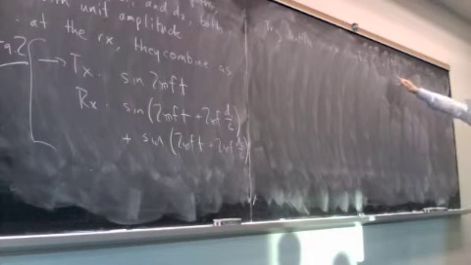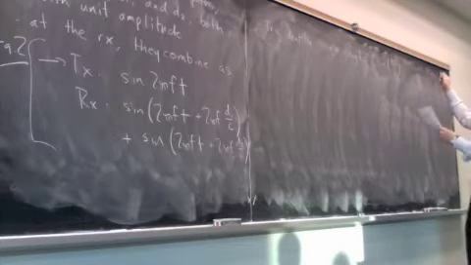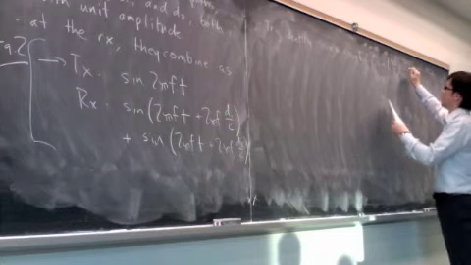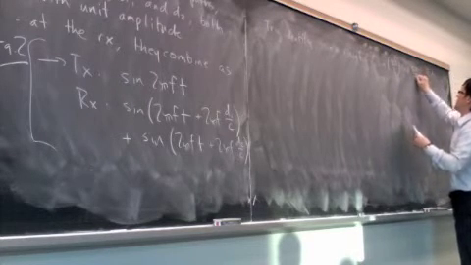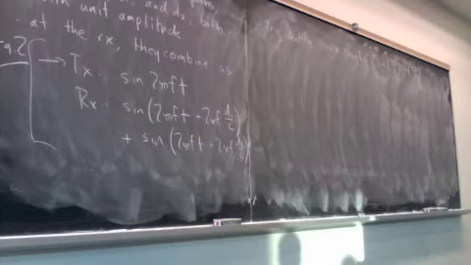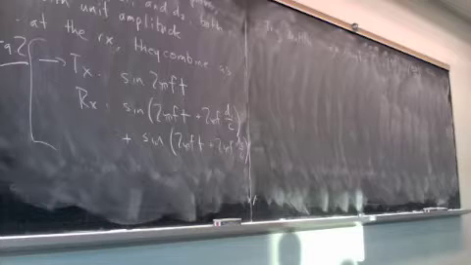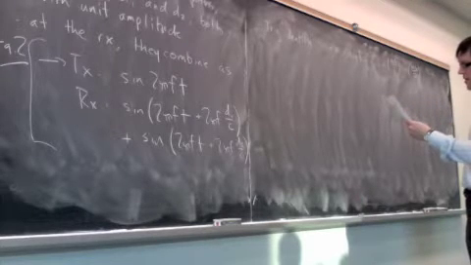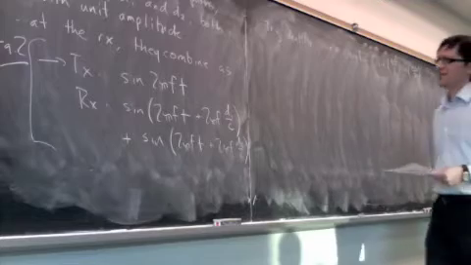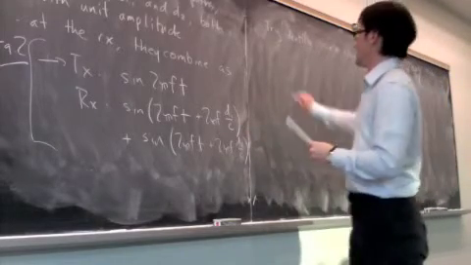This is the particular form that I'm looking for, the sum and difference form: 2 sine A plus B over 2 cos A minus B over 2. Okay, so equation 2 becomes equation 3.